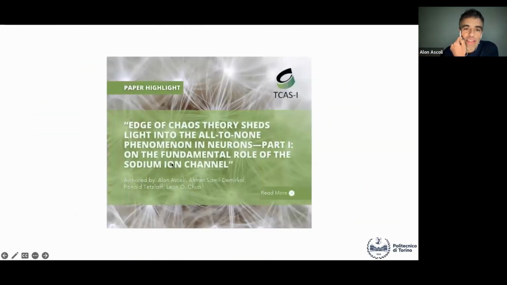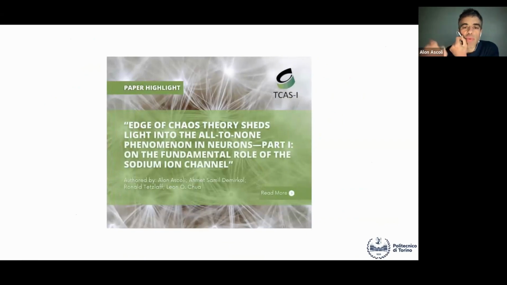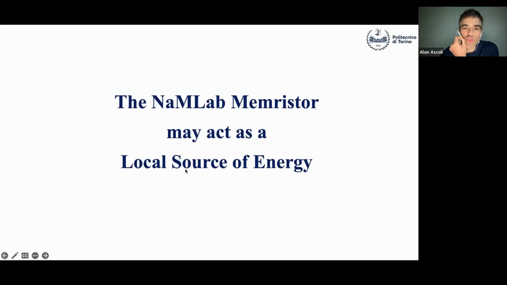And you can read that we also did some analysis of the Hodgkin and Huxley neuron model in this paper, and we showed how the sodium ion channel has a fundamental role in the development of this all-or-none effect in the Hodgkin and Huxley neuron model. But in this presentation, we would like to show something else.